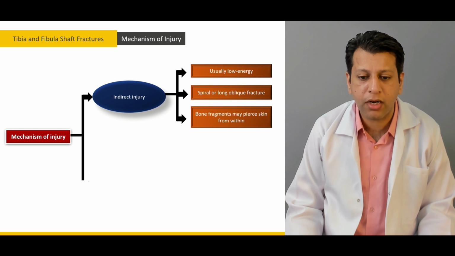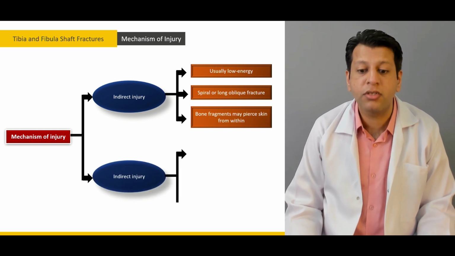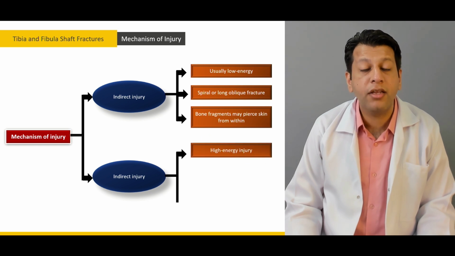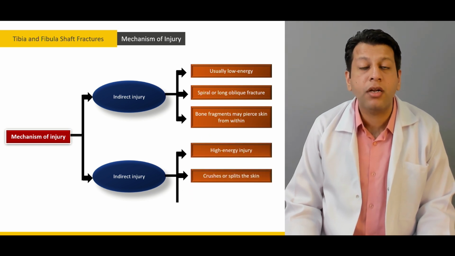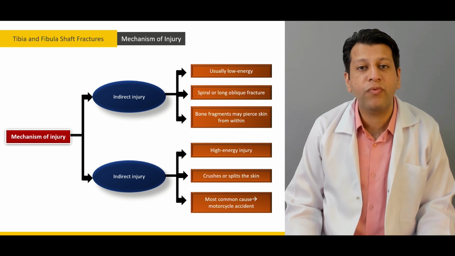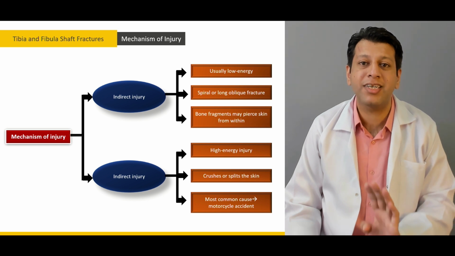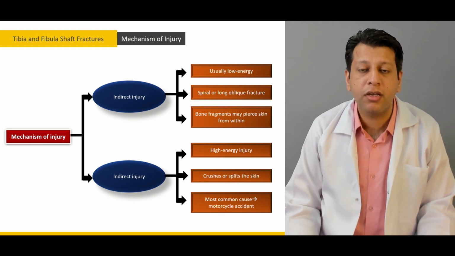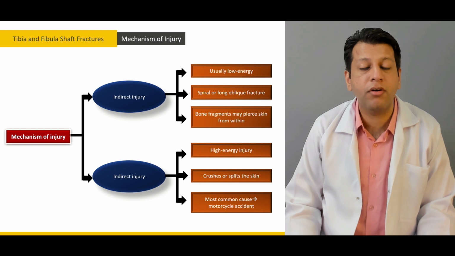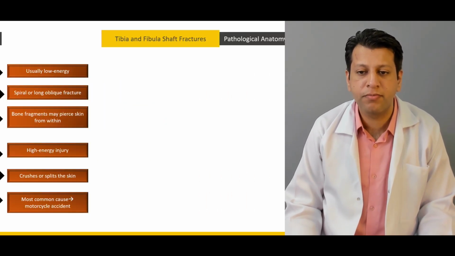This may lead to a spiral kind of fracture. The other mechanism is direct injury, which may be due to high energy. There could be crushes, splits of the skin, and the most common cause is usually motor vehicle accidents. These result in a direct impact on the knee, which could lead to diaphyseal tibial and fibula fractures.